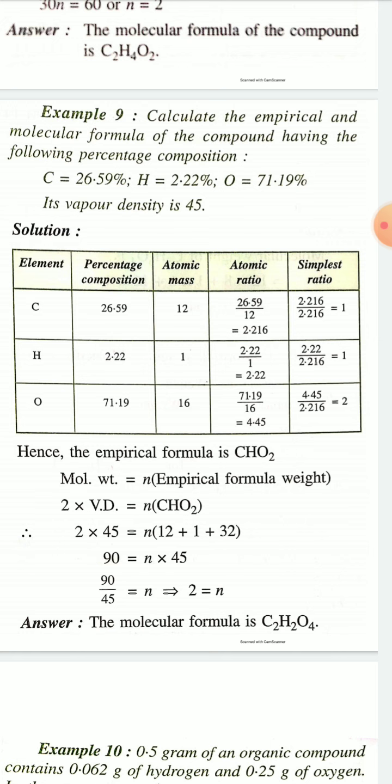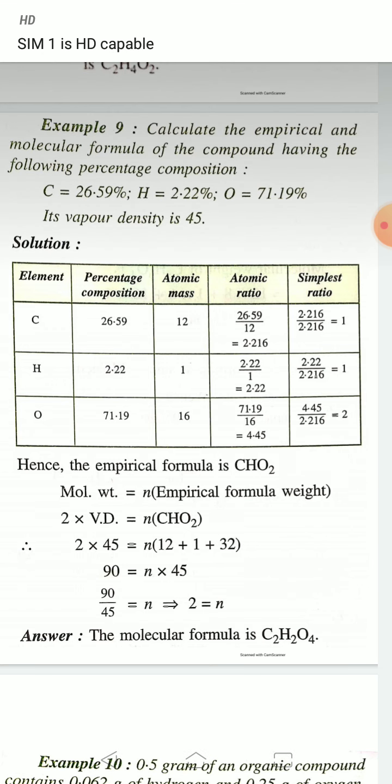So the smallest value among these atomic ratios is 2.216. You have to divide the atomic ratios of all elements present in the compound by the smallest value. So divide the atomic ratios by 2.216.